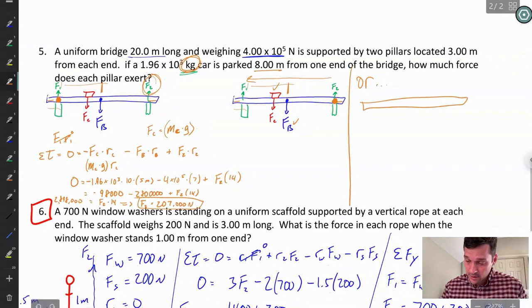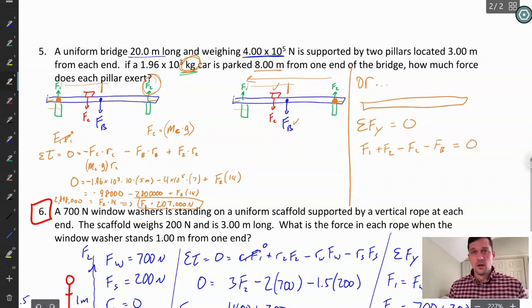So that tells us that the sum of the forces in the y direction have to be 0. Well, what forces are in the y direction? Well, we've got force 1, that's positive. We got force 2, that's positive. And we got the force of the car downward, and we've got the force of the bridge downward.